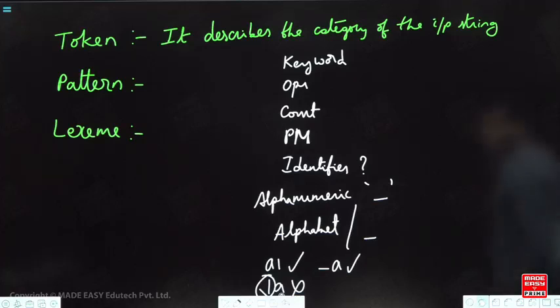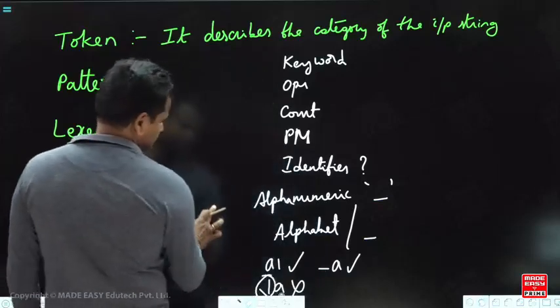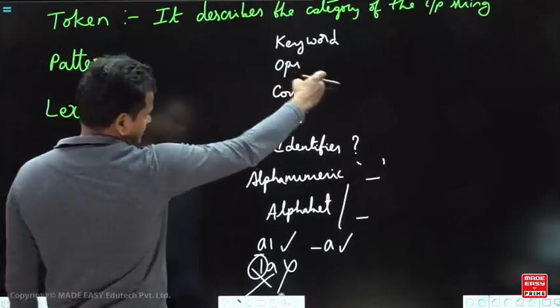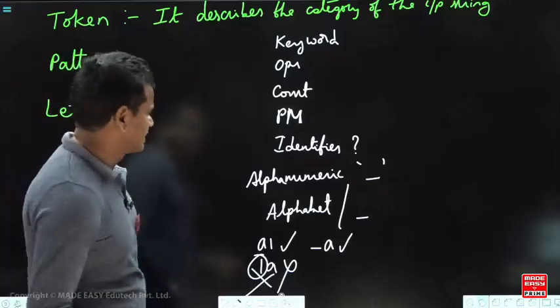Okay, done. I am not giving notes for what is an identifier, so you just write running notes.